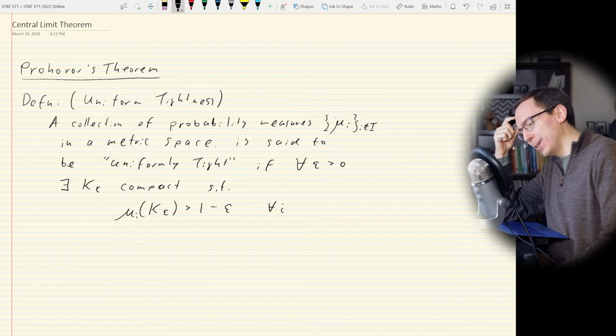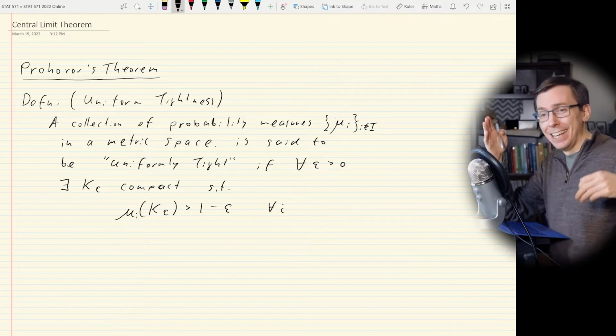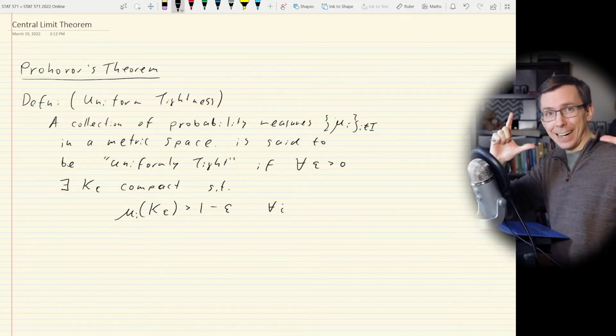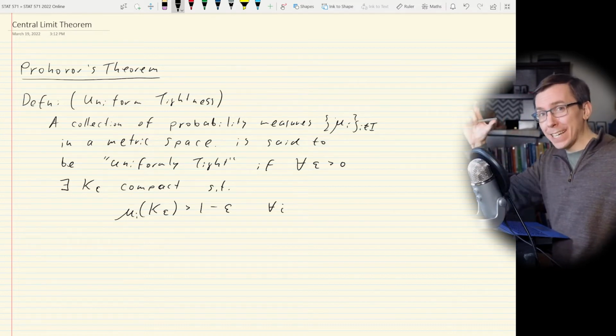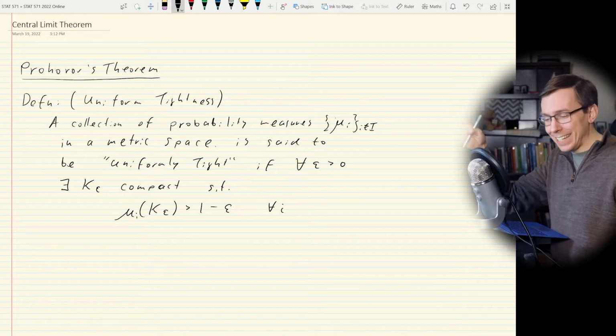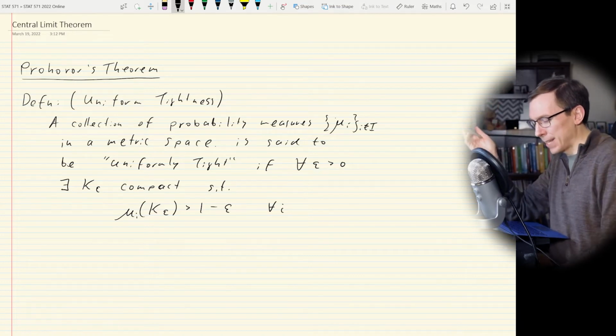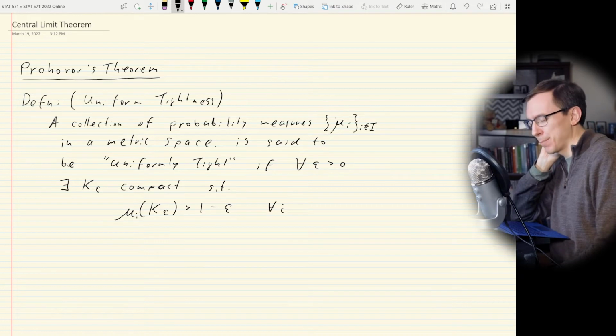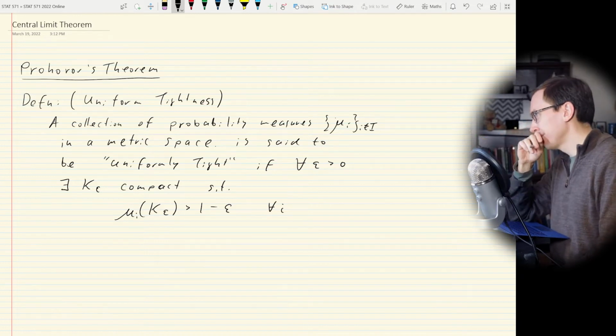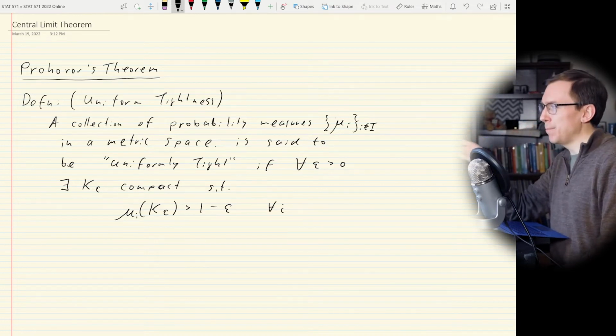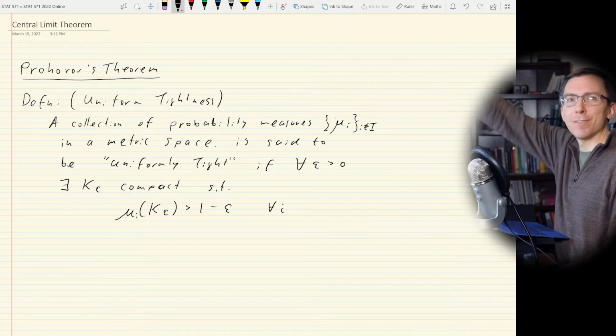So for example, just think about a normal distribution, a Gaussian, a bell curve on the real line. I can find a compact interval big enough so that it contains at least 1 minus epsilon of the probability. Basically what it means is that the mu_i's can't run off to infinity.